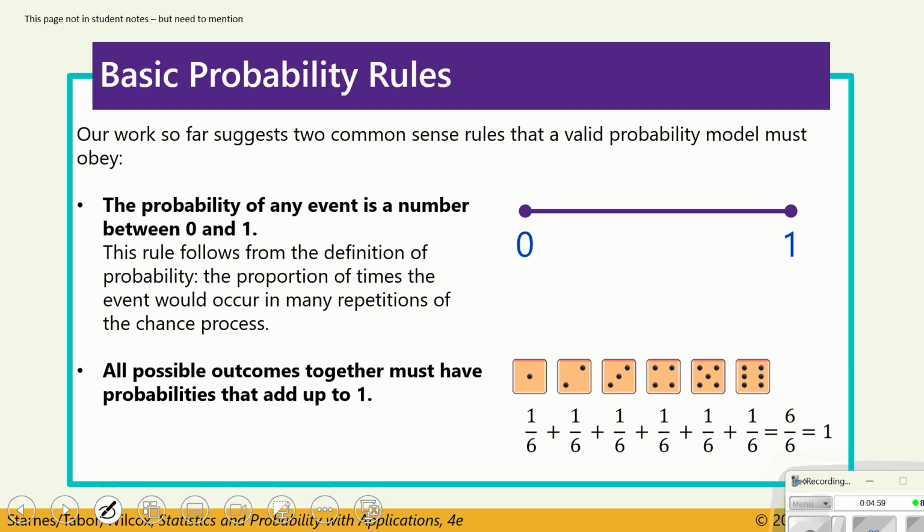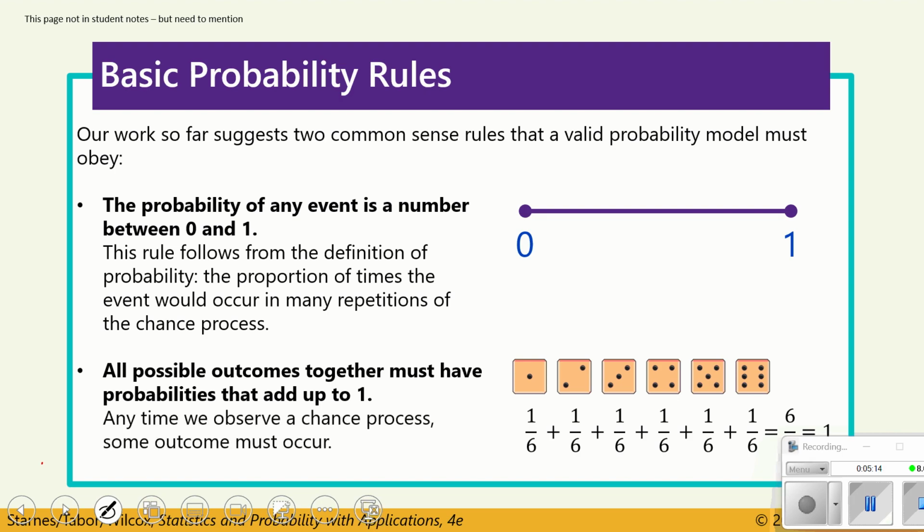So for example, if we were rolling a six-sided dice, they all have a probability of 1/6 happening. And when I add all those probabilities together, I'm getting 1 for an answer. So anytime we observe a chance process, some outcome must occur.